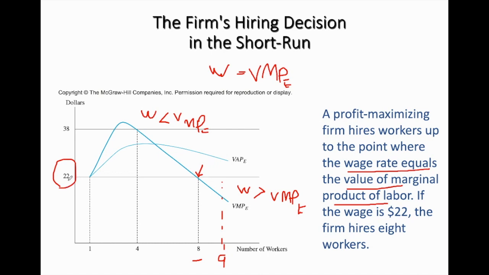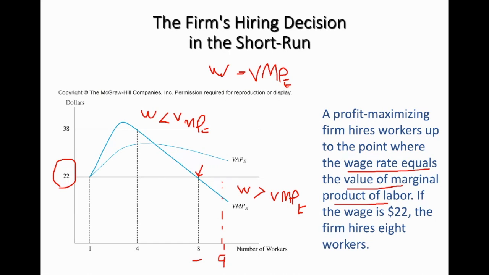I hope that's clear. Now, what if there is an increase in the wage rate? Now, let's say the wage rate has gone up to $38. In that case, we find that hiring 4 workers is optimal to our firm. However, one problem in this case is that since the wage rate is so high, $38, notice that it exceeds the value of the average product of labor.